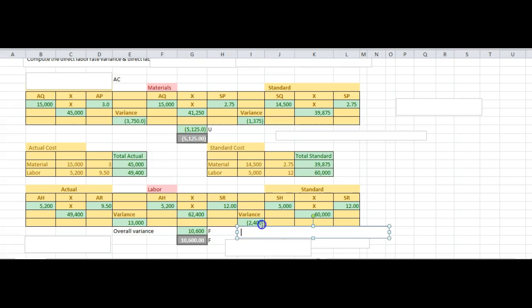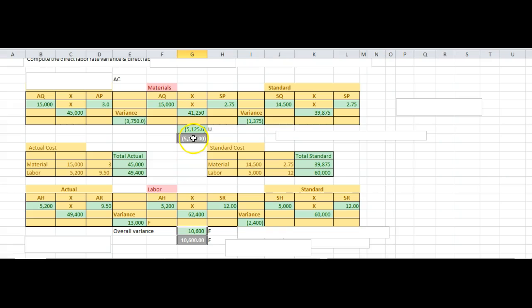And that gives me an unfavorable variance when comparing the hours, that I used more hours. But since I paid less when I compare on this side, I find that I have a $13,000 favorable variance. When you net the two, I come out $10,600 on top.